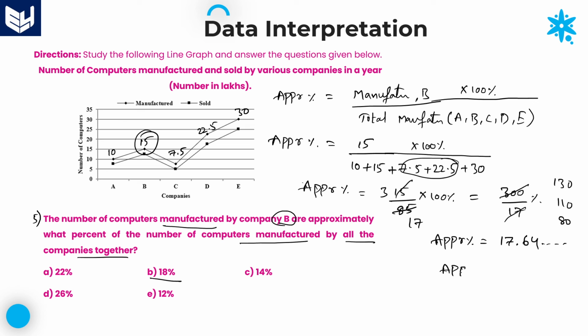Therefore, the required approximate percentage is 18 percentage. 18 percentage is the right answer for this question. It means among the options, option B is the right answer. Option B. Guys, in this way you need to solve the questions based on this model. I hope you understand each and every problem in this session, and thanks for watching.